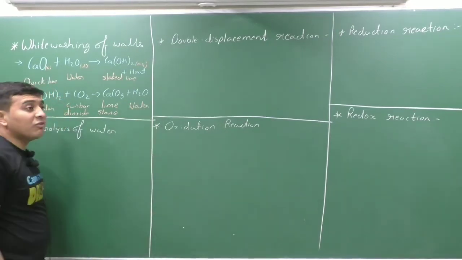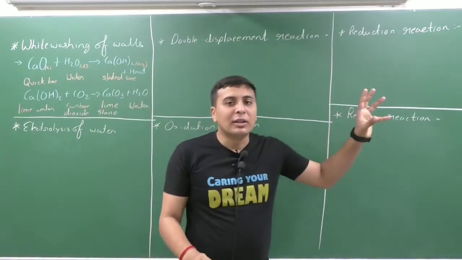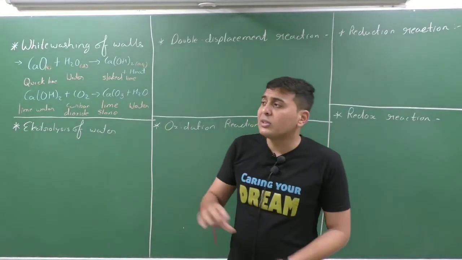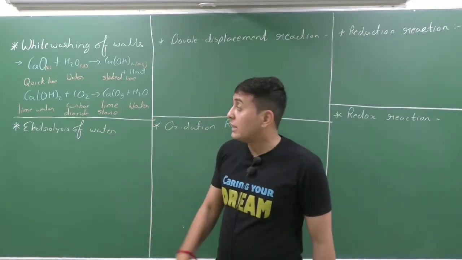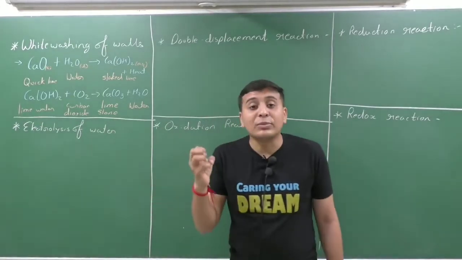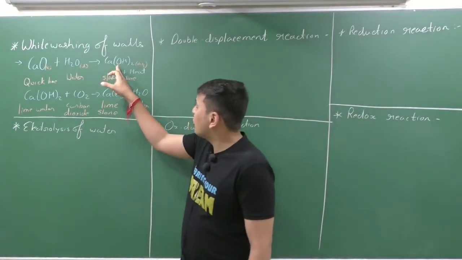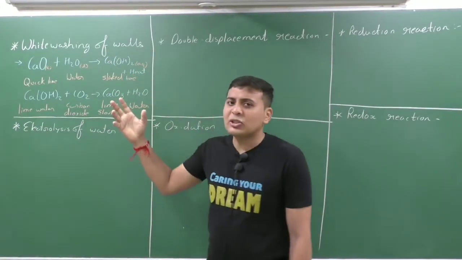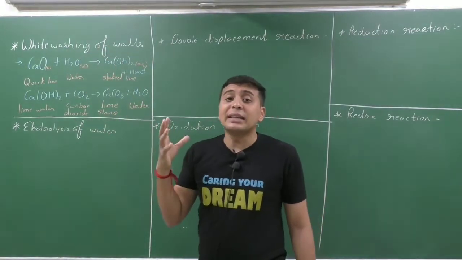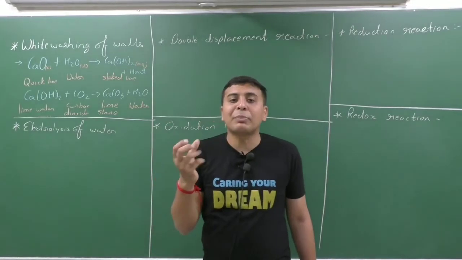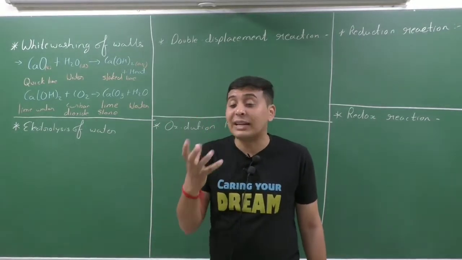Clear? So finally what we will get on the wall, finally after whitewashing of walls, the last thing that is white in color, that is limestone. Limestone is white in color. Calcium hydroxide is a solution. So when we apply slaked lime or a lime on the wall, it doesn't shine that much. It doesn't have that much brightness, that much whiteness in it.